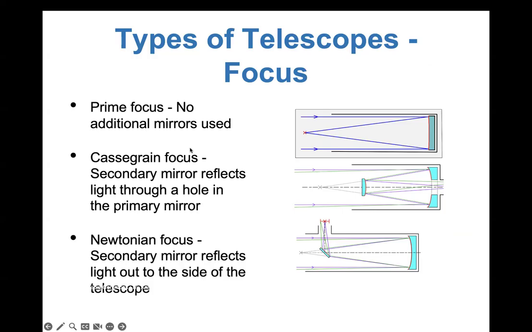Another type of focus for a telescope is the Cassegrain focus. This involves a secondary mirror that reflects light through a hole in the primary mirror. So the initial reflection is the same.